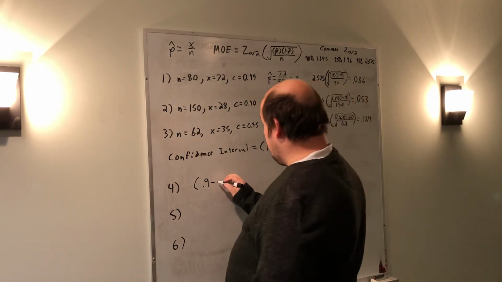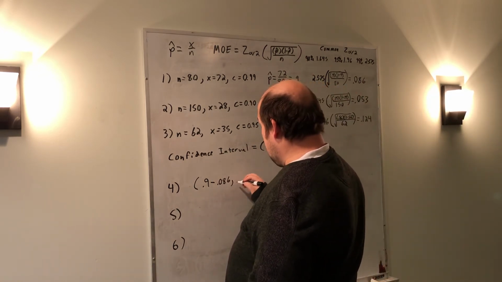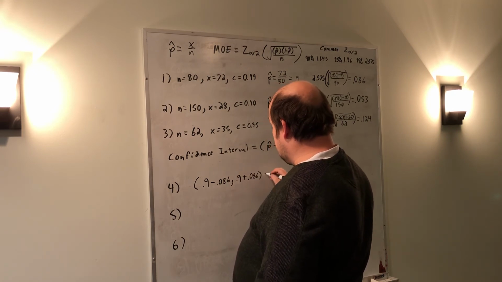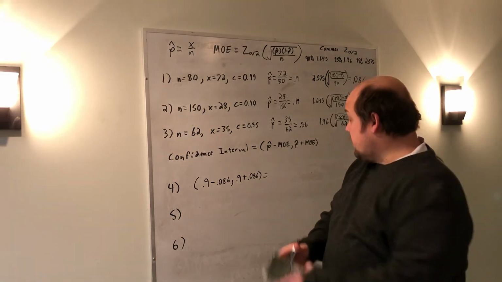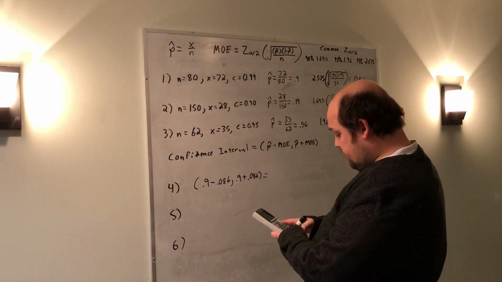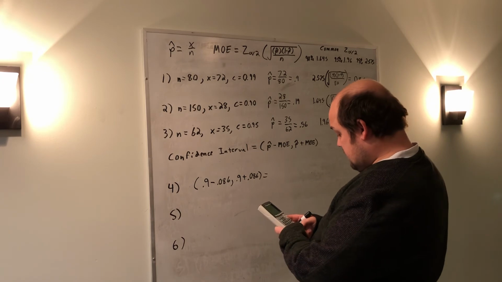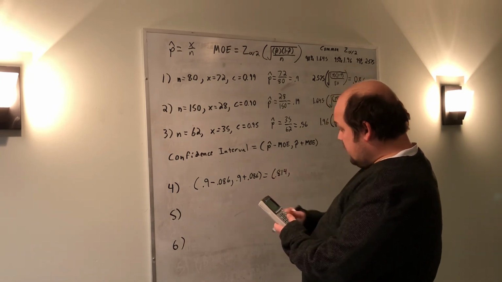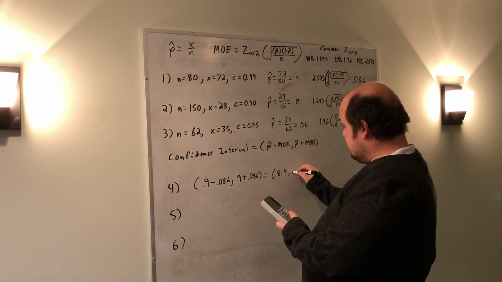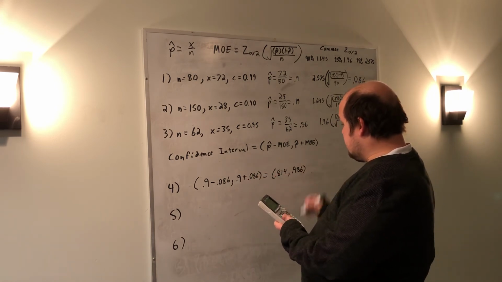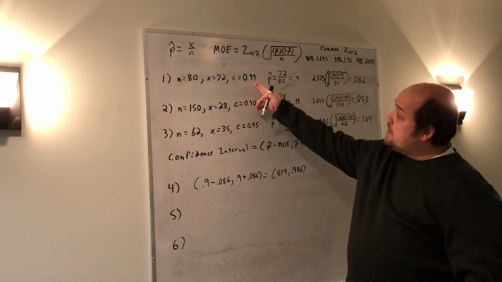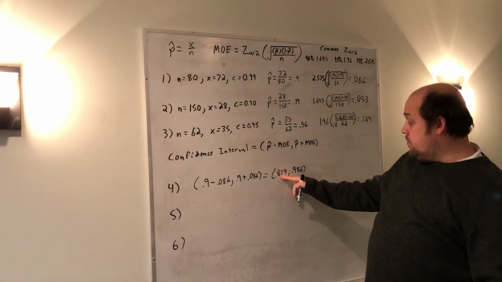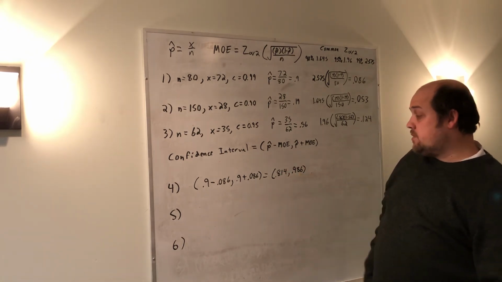So that's what I'm going to start by subtracting, and then I'm going to take that same 0.9 and add 0.086. 0.9 minus 0.086 gives me 0.814, and 0.9 plus 0.086 gives me 0.986. So in this case, we're 99% sure the true population proportion lies between 81.4% and 98.6%.